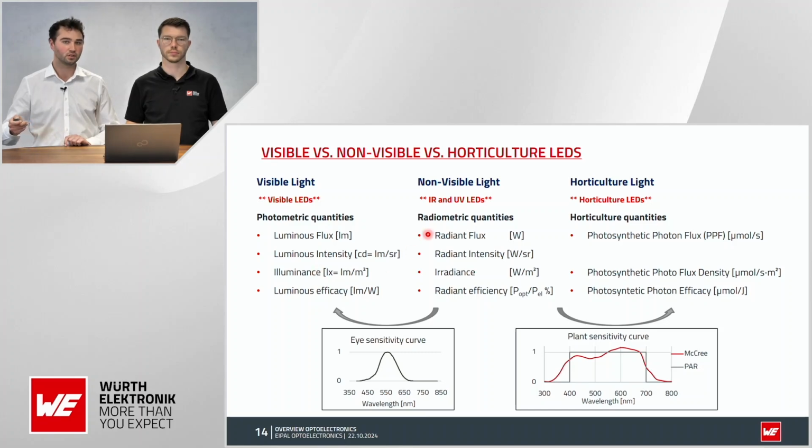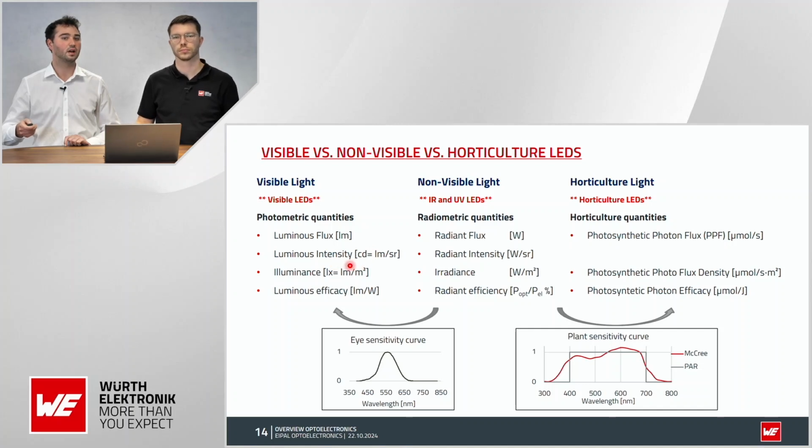For infrared and UV, they are not visible. So UV is somewhere here, infrared is somewhere here. Those photometric quantities would be just 0. So this is why for infrared and UV we use the radiometric quantities, and for visible LEDs we typically use the photometric quantities. And there the question, okay, candela is specifically the intensity.